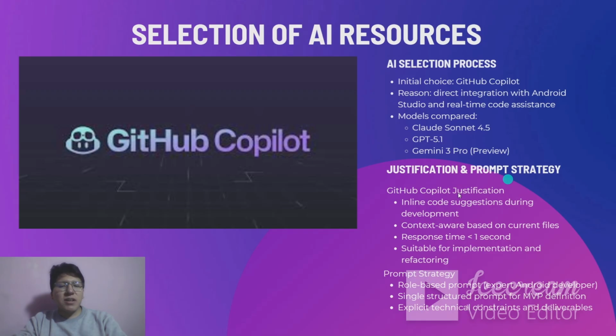To guide the AI, a role-based prompt was used with the instruction: expert Android developer. A single structured prompt defined the MVP, technical constraints, and deliverables.